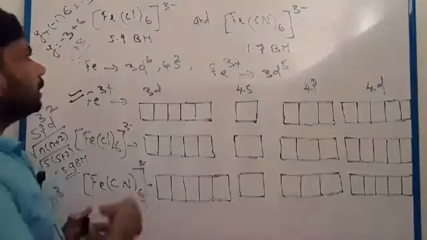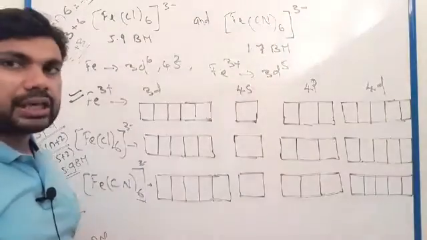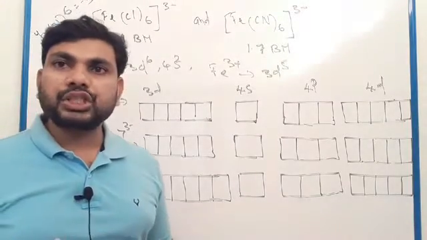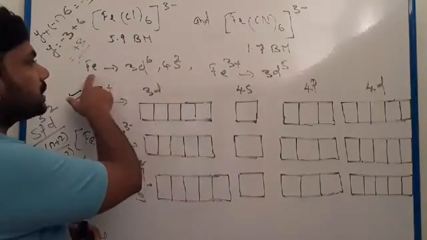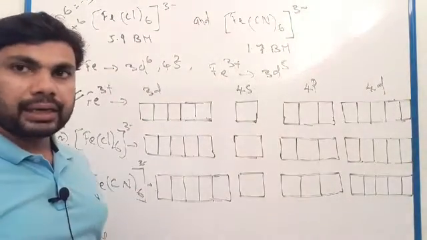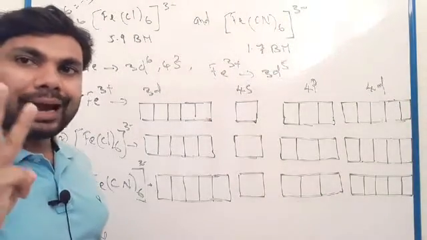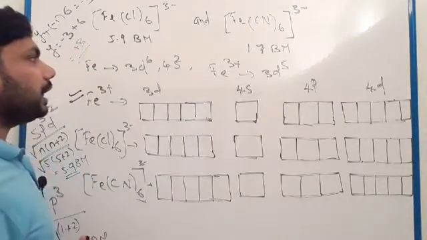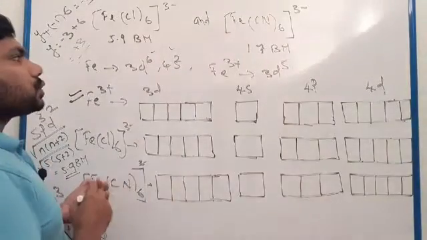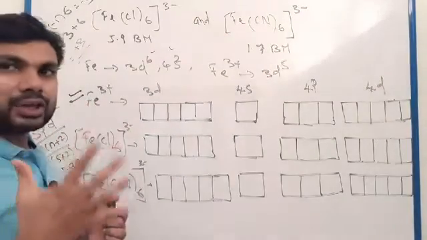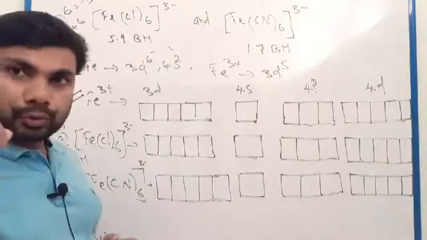Look here, iron is in the plus 3 oxidation state. We know the general electronic configuration of iron is 3d6 4s2. Plus 3 oxidation state means we have to remove 3 electrons: 2 electrons from 4s and 1 electron from 3d.